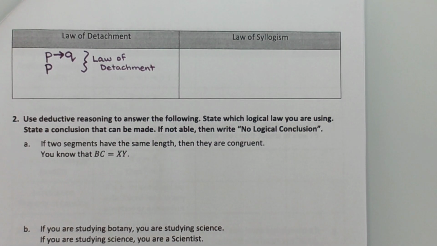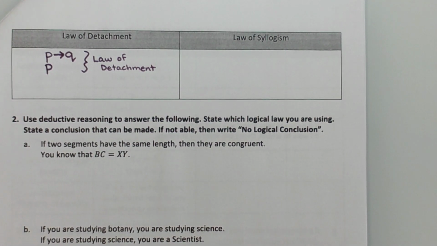Now, P and Q are just placeholders for sentences, and you technically could use any letters for those placeholders. So it could be if A, then B. The key thing is that after that if-then statement, the second statement is the hypothesis of the conditional statement. It has to match that first piece.